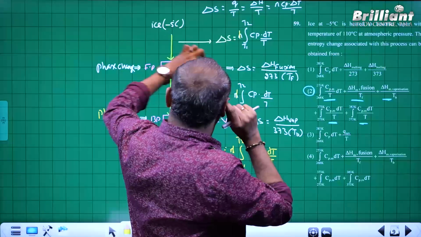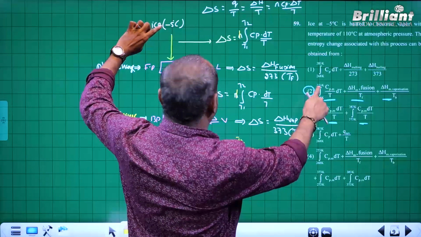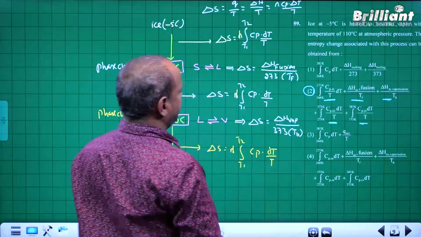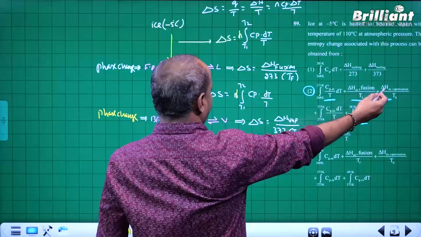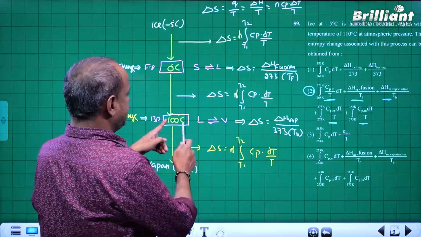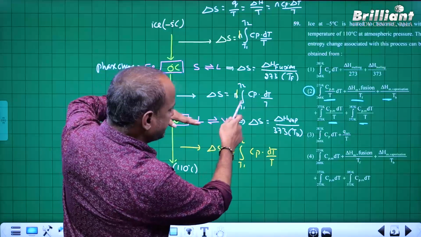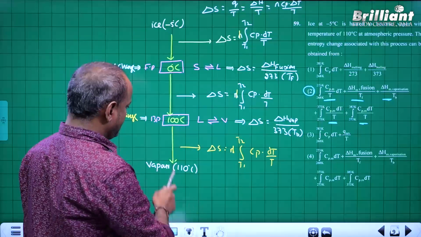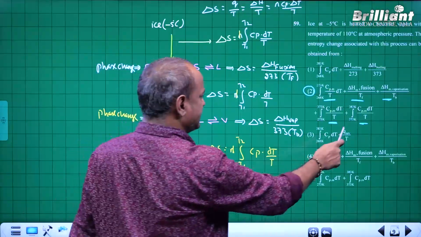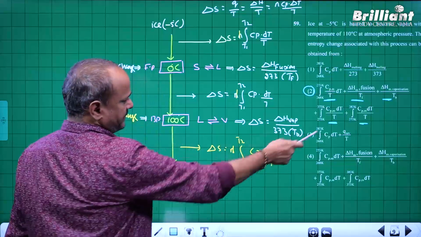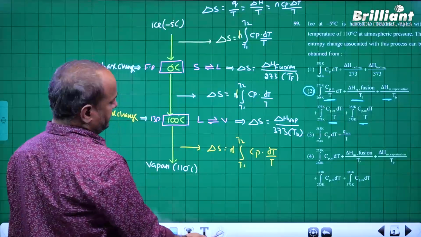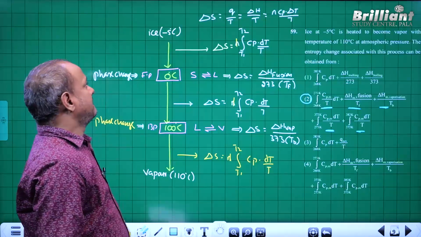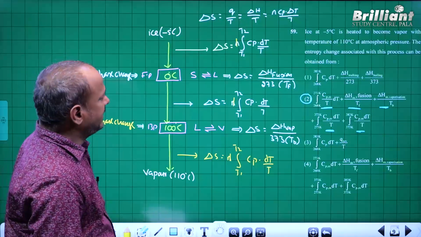First one is 268 to 273. Second one is fusion by the temperature of the freezing point. Third one is vaporization, each step given separately: 273, 373. The last one also given separately, 373, 383, Cp dT. So option 2 is correct. Just formulas added together from minus 5 degrees to 110 degrees Celsius.